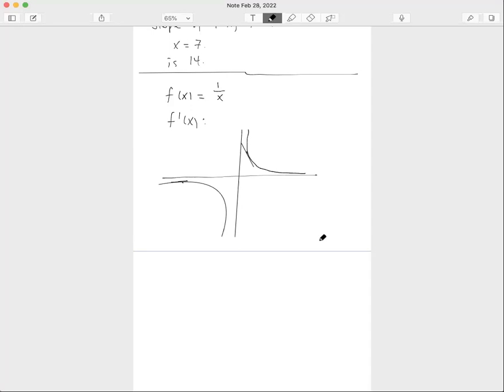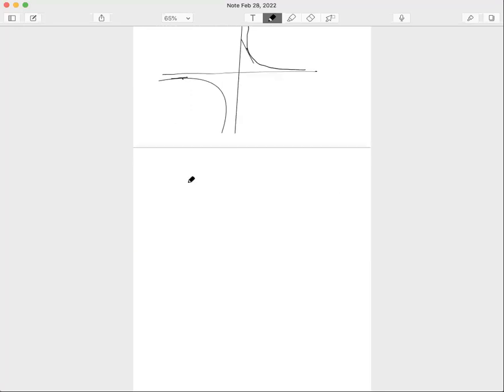Okay, so let's do the derivative. I have a limit as h goes to 0.